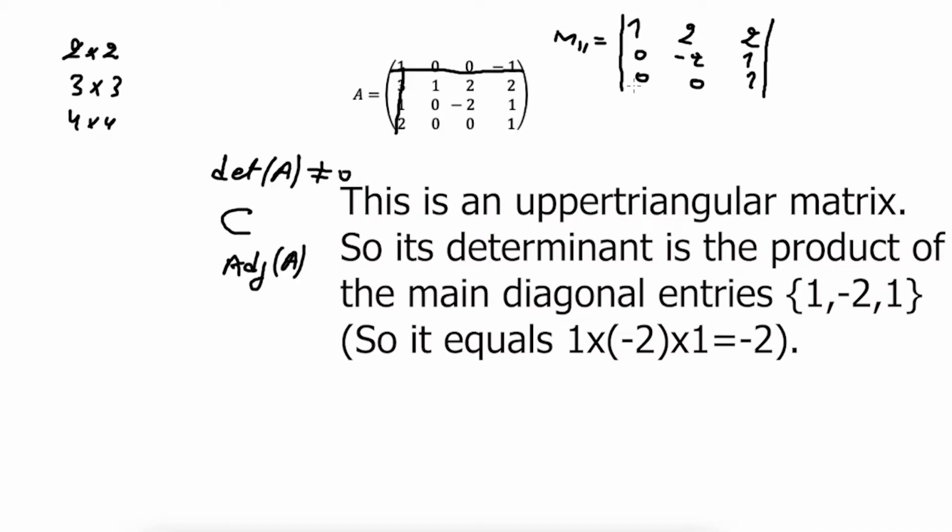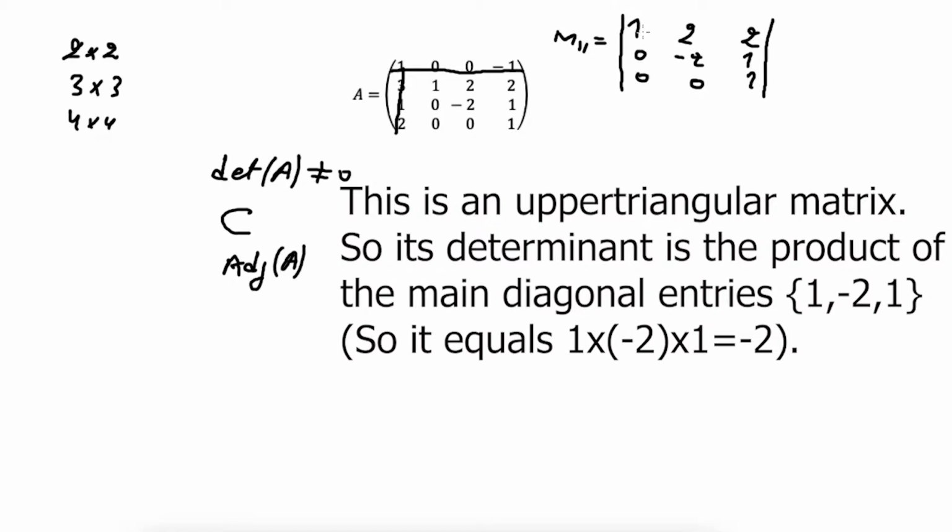As we have here this row with 0 0, we can delete this row and this column, and the determinant of this matrix will be just the determinant of this one here, because here also we have 0. So let's compute it normally.